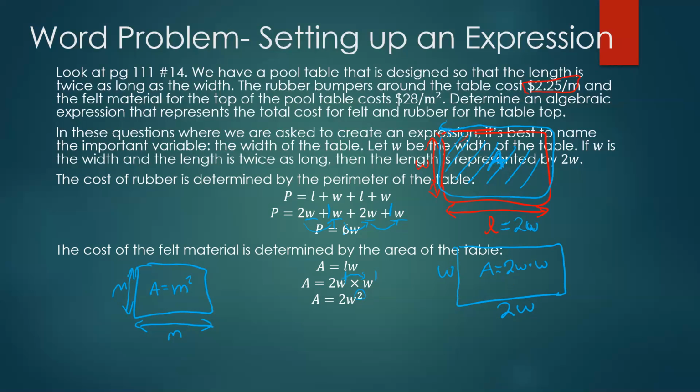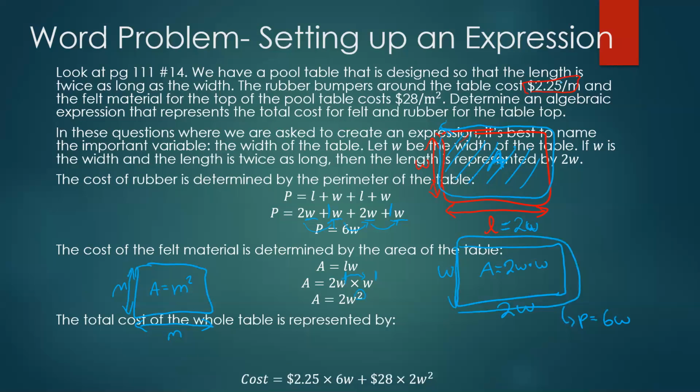We know the whole length around the table is 6w. So to find the cost of the rubber bumpers, all you need to do is take the perimeter, 6w, and multiply by $2.25. So the total cost is represented by $2.25 multiplied by the perimeter.